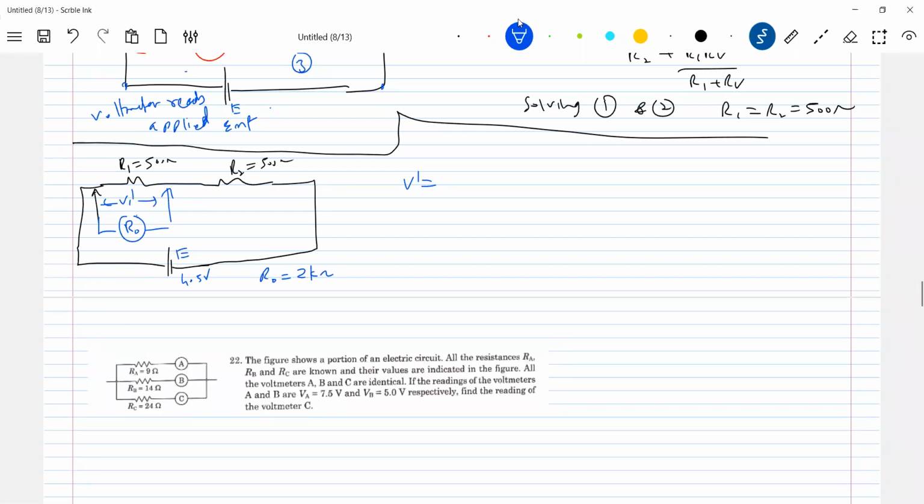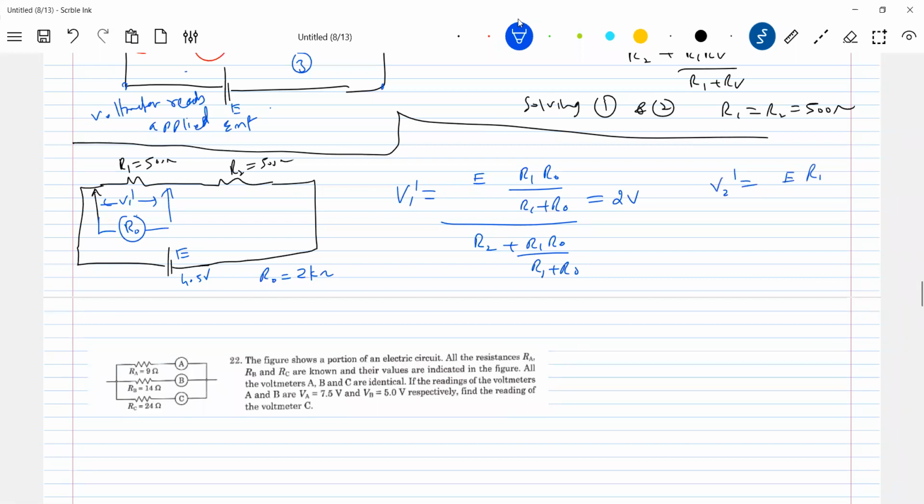Let me write the equation. E into R1 R naught by R1 plus R naught, that gives V1 dash, 2 volt. Similarly, when it's connected across the second resistor, you calculate.